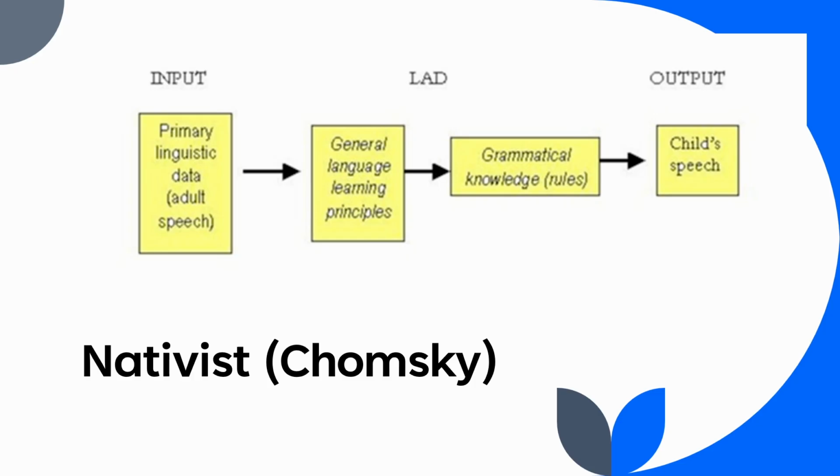He suggested that children are born with a language acquisition device, LAD, a mental system, a black box, containing basic grammatical principles shared across languages. According to this view, exposure to language input triggers the LAD, which allows children to discover the underlying rules of their language without explicit instruction.